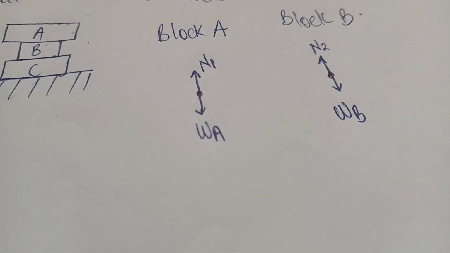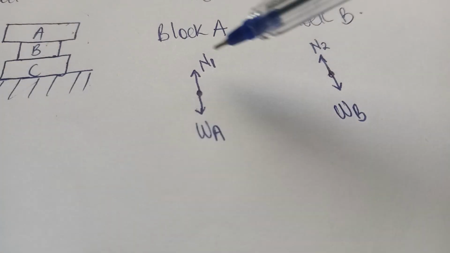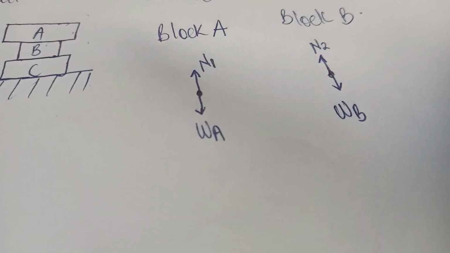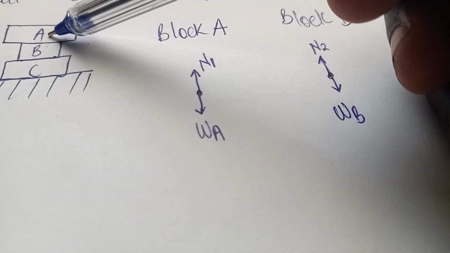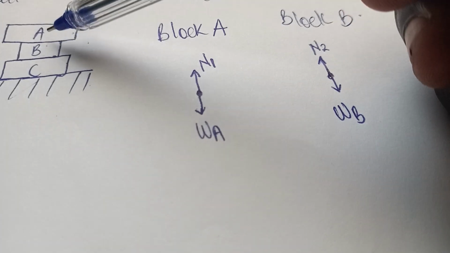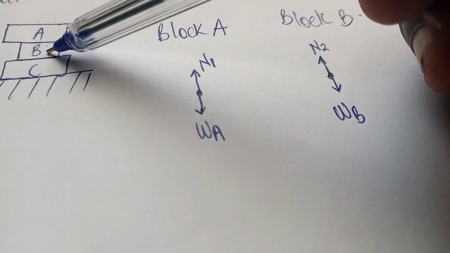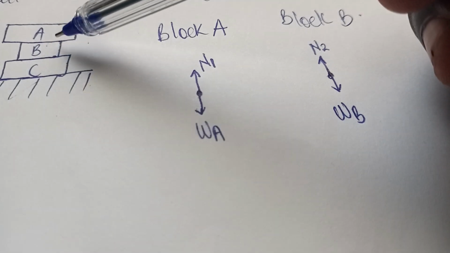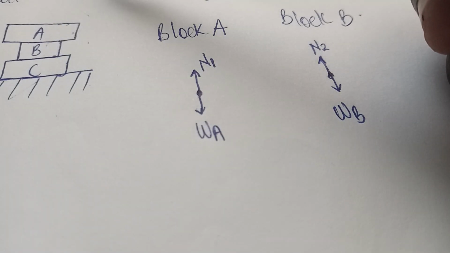Now remember, I explained earlier about action and reaction forces. See this normal reaction of block A, it's acting here, the reaction. This is because of the action force. So the action force of this block acts on this one, and it's the same amount as the reaction. Make sure you understood that.